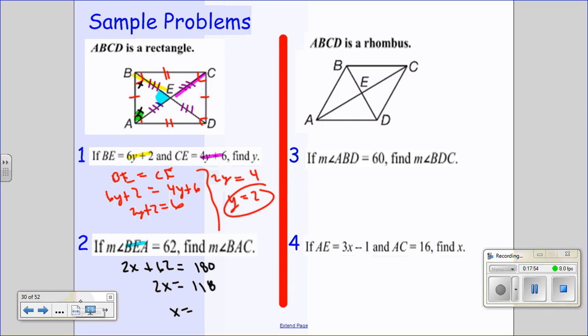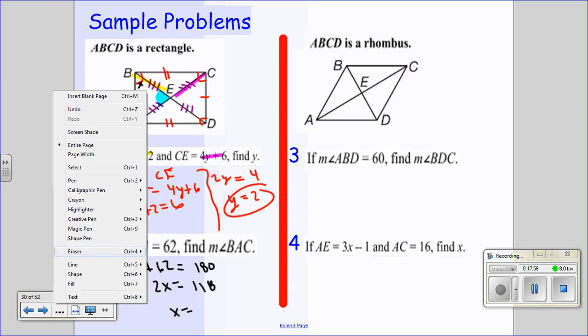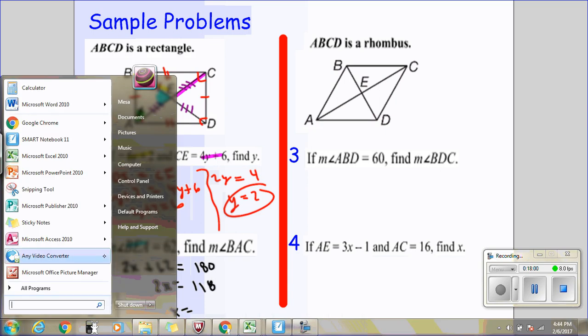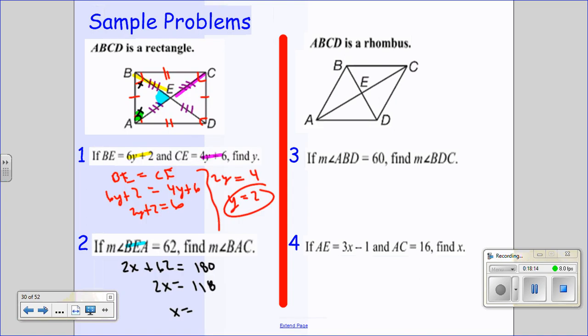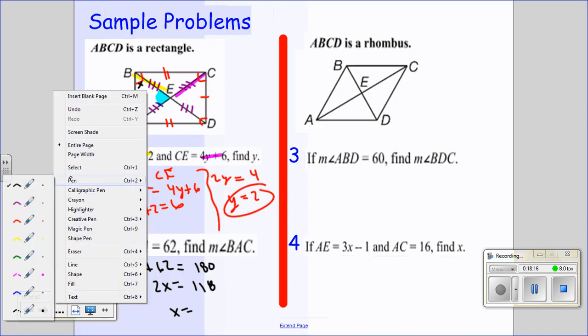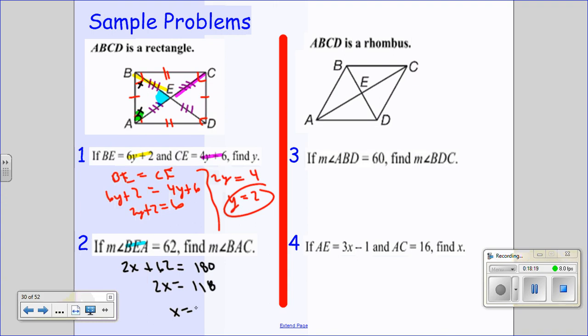No, I think it's 54. 59. My bad. A little off. So in other words, the measure of angle BAC is 59 degrees.